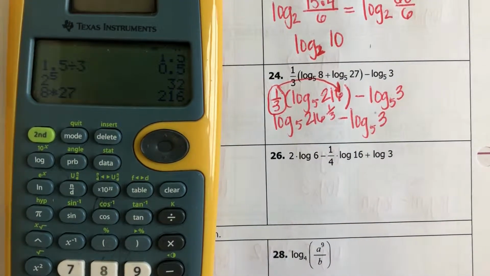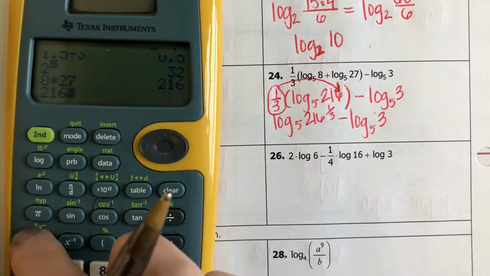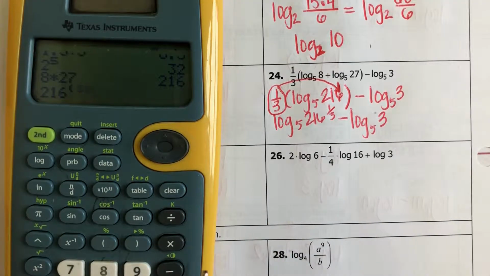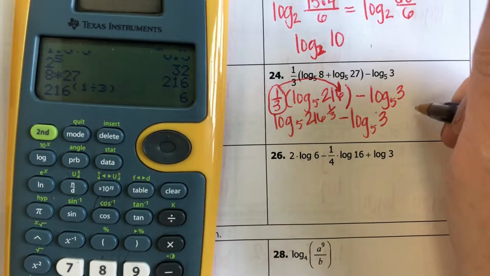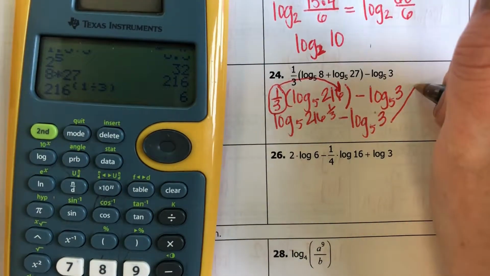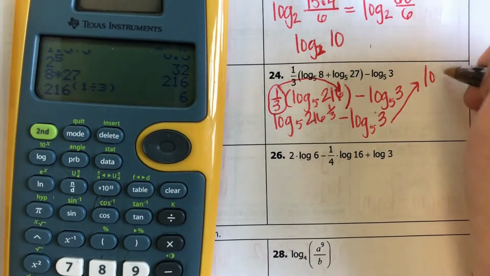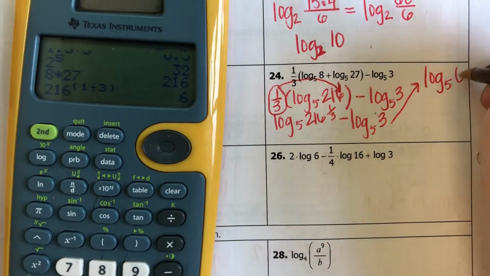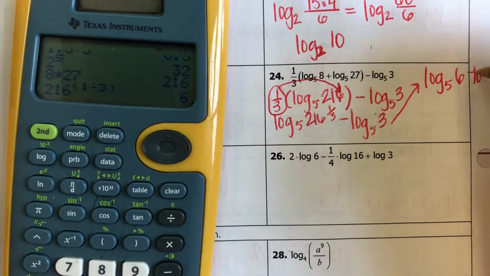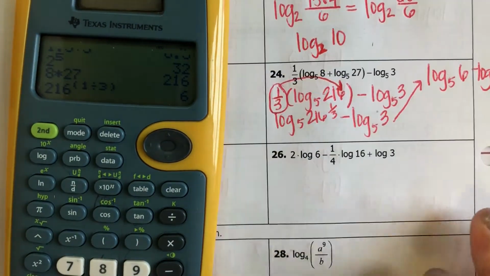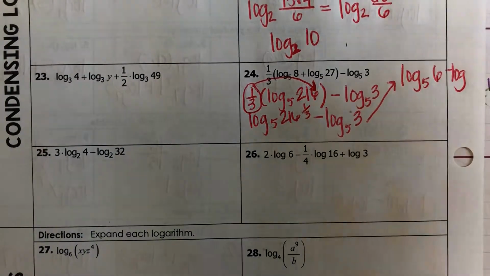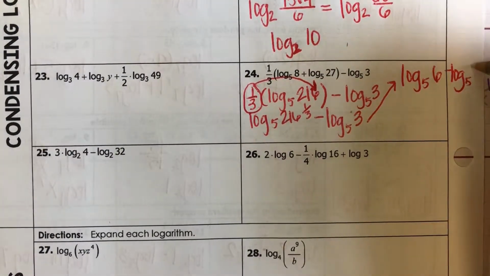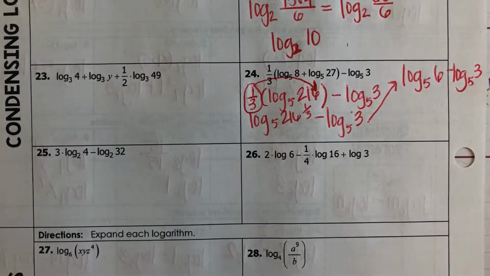Well, 216 raised to the 1/3 power gives me 6. So I'm going to come up here, that's going to be log base 5 of 6 minus log base 5 of 3, okay?